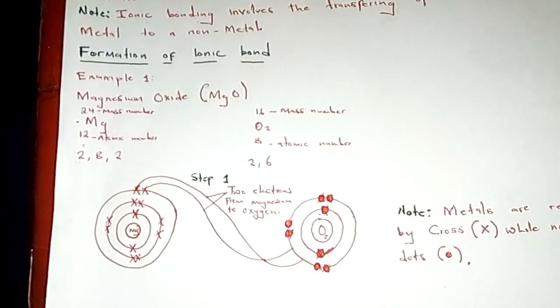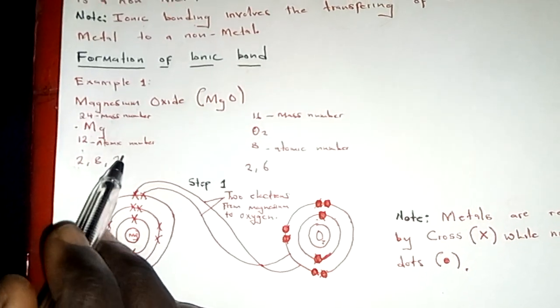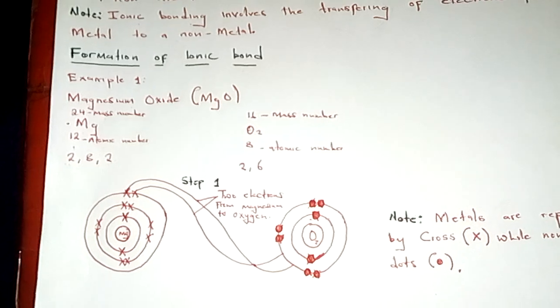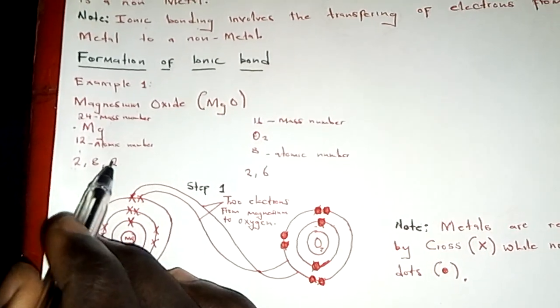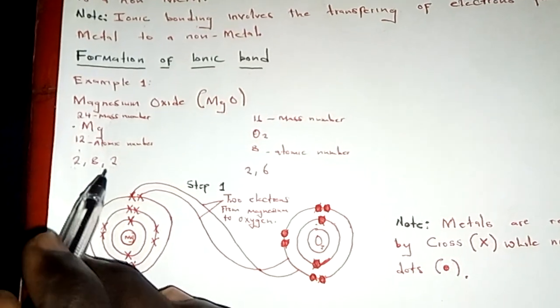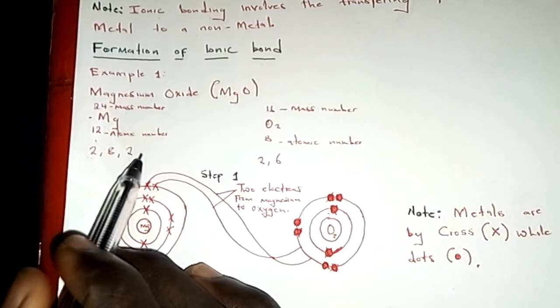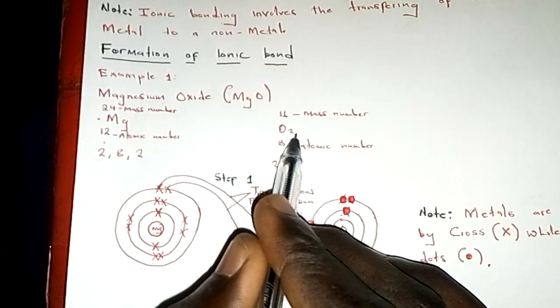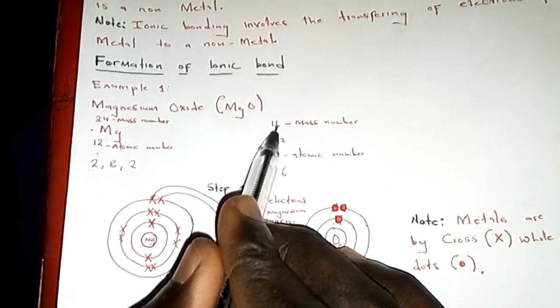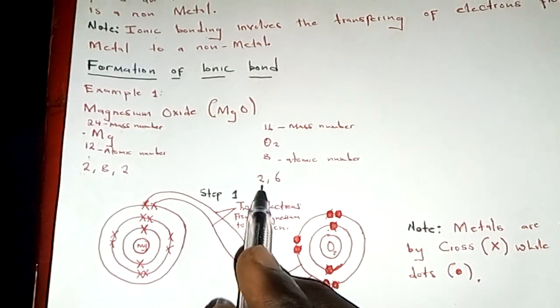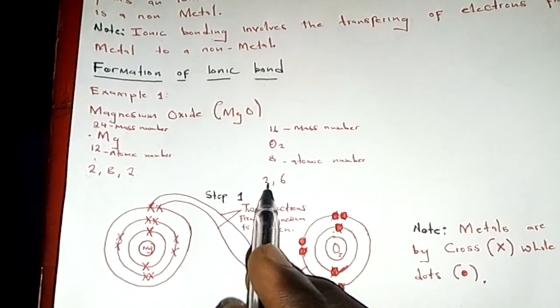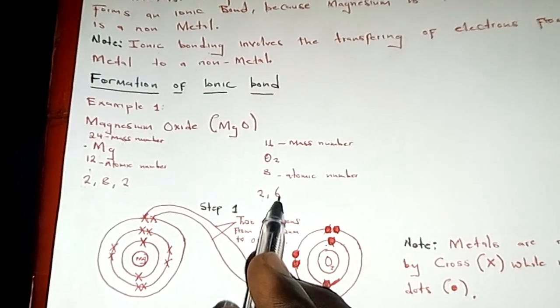Magnesium is not stable here because for an atom to be stable, the outermost shell should have a maximum number of 8 electrons. And oxygen has mass number 16, atomic number 8, and the electronic configuration is 2,6.